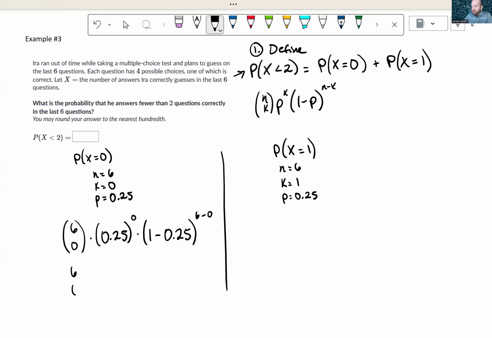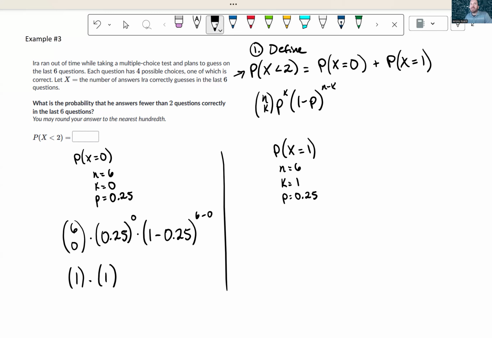So 6 choose 0 times anything to the 0 is 1, and 6 choose 0 is also 1.